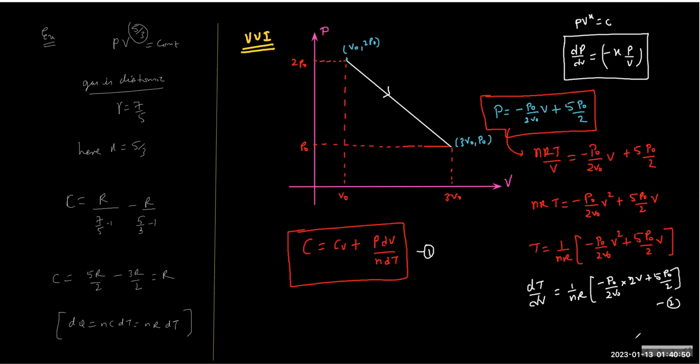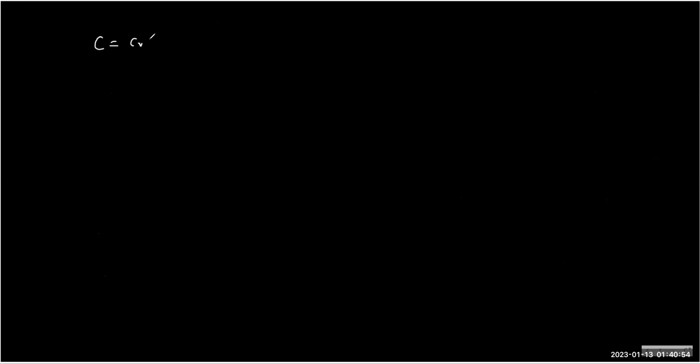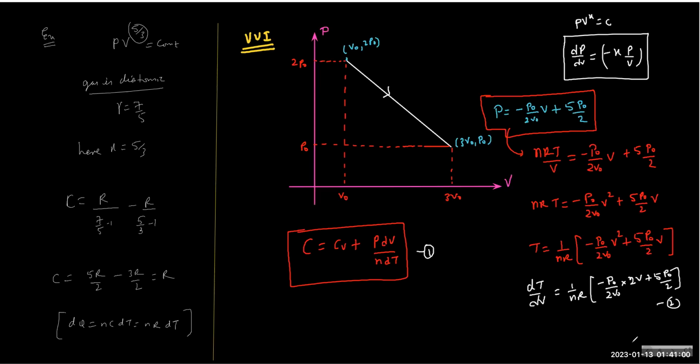So finally, C equals to CV plus, of course, P by n, and dV by dT is how much? 1 upon, you can take something from them. Yeah, we can, I can take one.